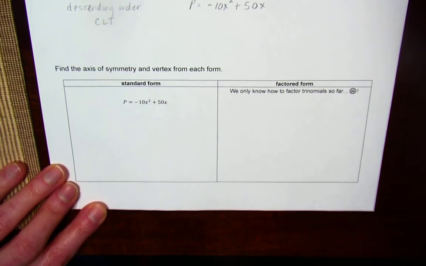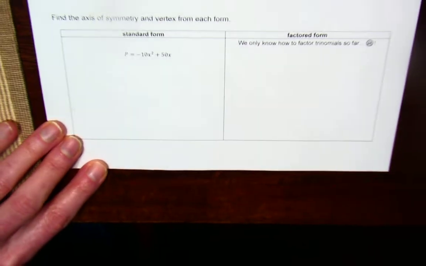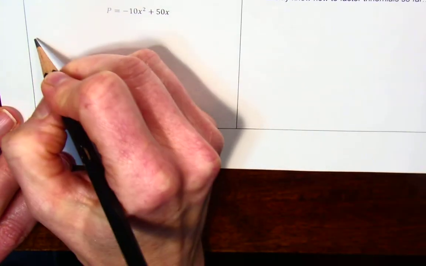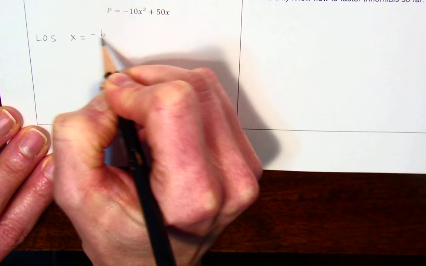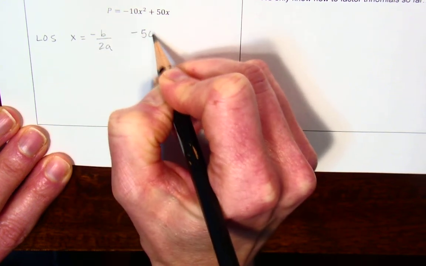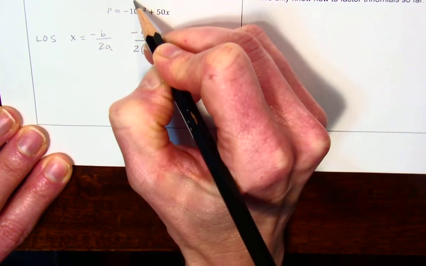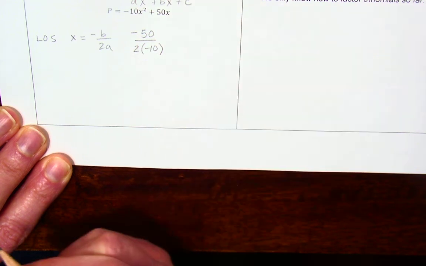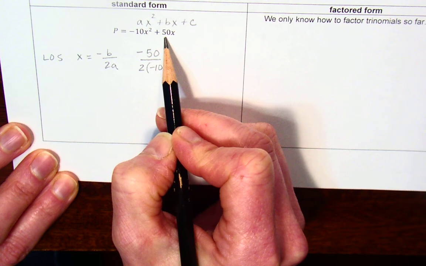But we have found line of symmetry and vertex from this form, and I have it rewritten right here in this table. If I want to find the line of symmetry, or axis of symmetry, I use the equation x equals negative b over 2a. In this case, that would be negative 50 over 2 times negative 10, because we have ax squared plus bx plus c in standard form, and the negative 10 is the a, and the b is the 50.